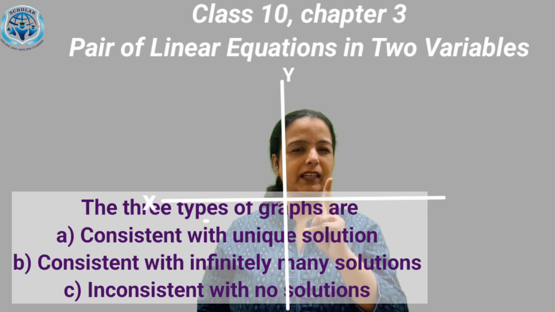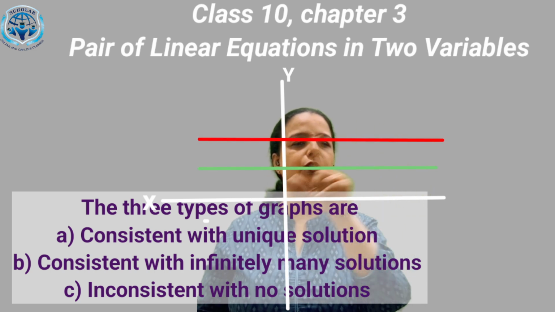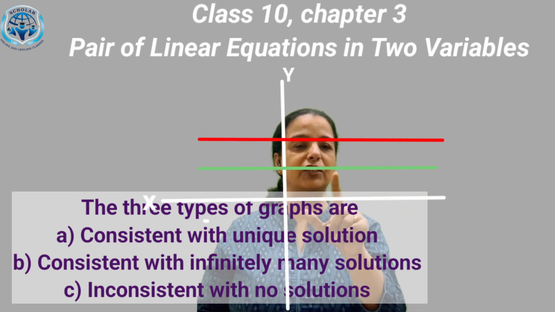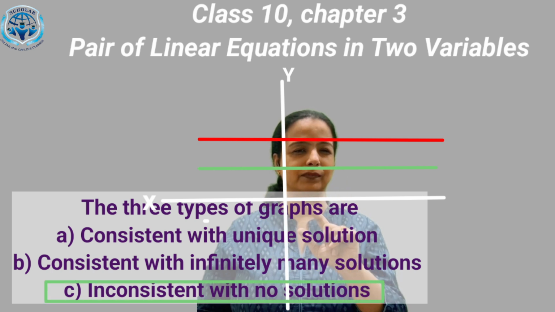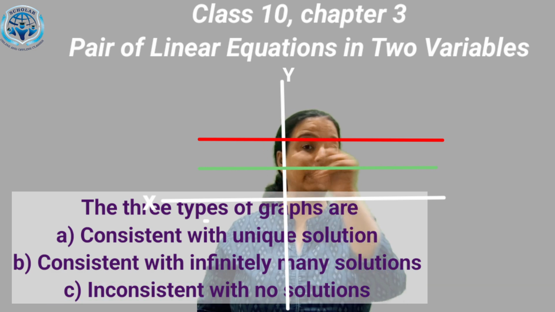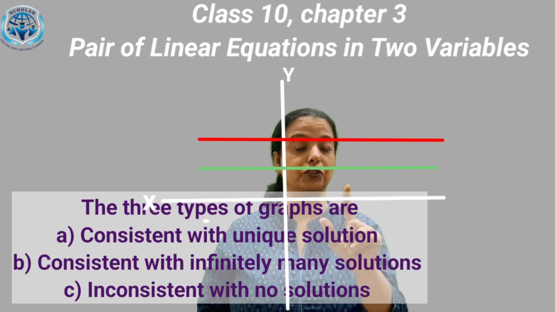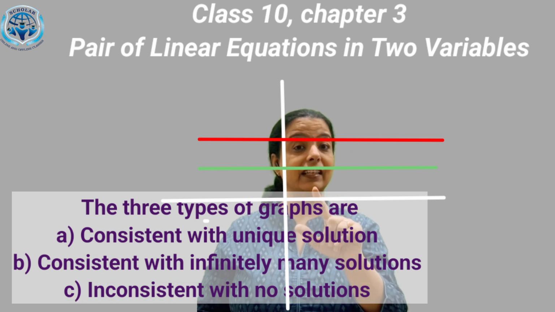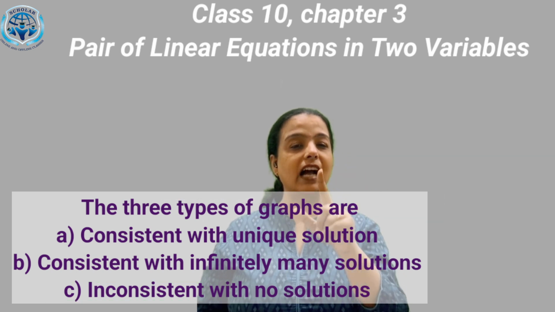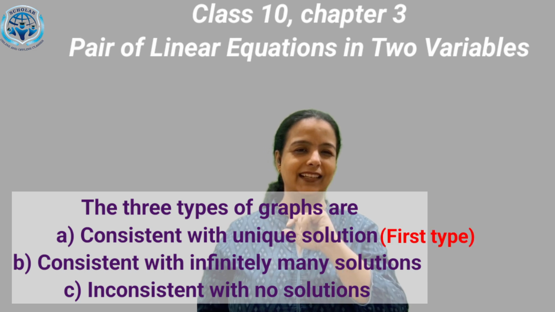And the second pair: if there are two lines which are not intersecting and are parallel to each other, these equations do not have any solution. So these pairs of equations are called inconsistent because they are parallel and they have no solution. While intersecting lines have a unique solution, so these pairs of lines are called consistent, right?